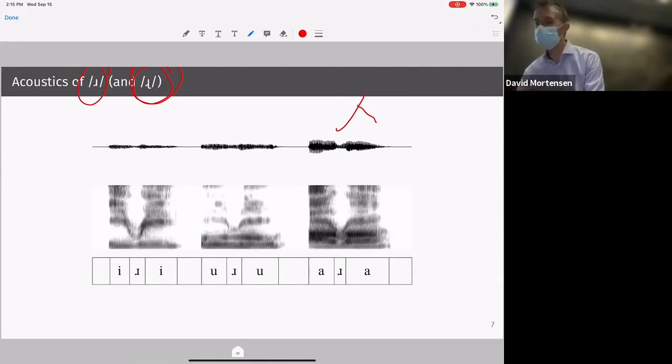Yeah, so you see here's F2 and F3, and they're dipping down. And the same thing's happening here. You can only really see F2, there's F3 up there. And here is, similarly, a dip down.